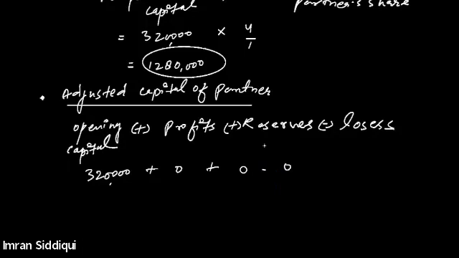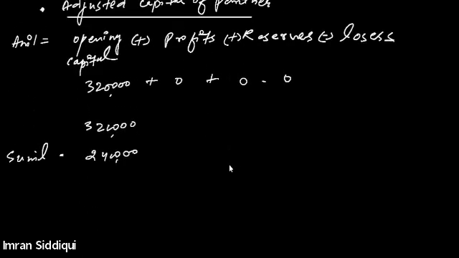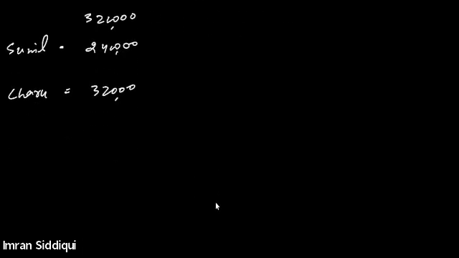So ultimately, we will get 3,20,000 as the adjusted capital of A, Anil, and similarly, Sunil's adjusted capital as 2,40,000. And the new partner, Charu, is bringing in capital of 3,20,000, right? Now we will simply add these values to find out the combined adjusted capital. So the combined adjusted capital will be, just a minute.